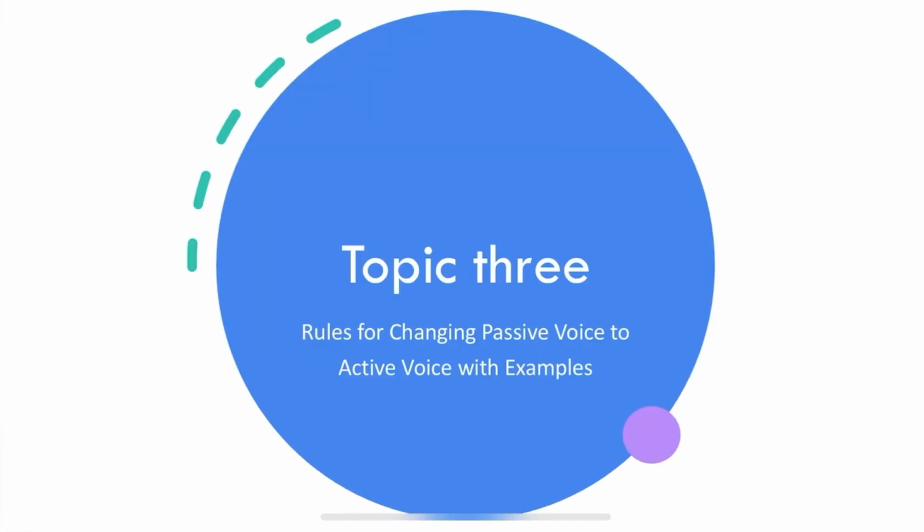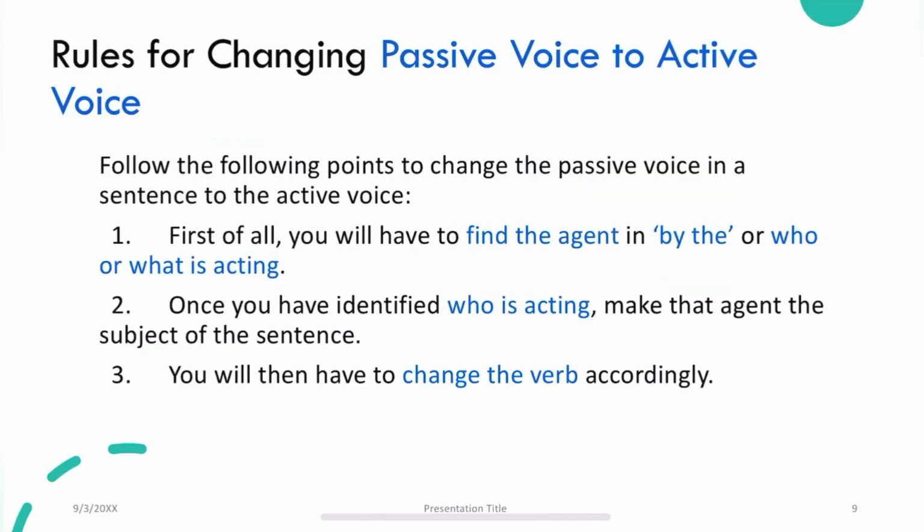Now let's move to topic number 3, rules for changing passive voice to active voice with examples. The first rule is that first of all we have to find the agent, introduced by "by", that is, who or what is acting, and once we have identified who is acting, make that agent the subject of the sentence.